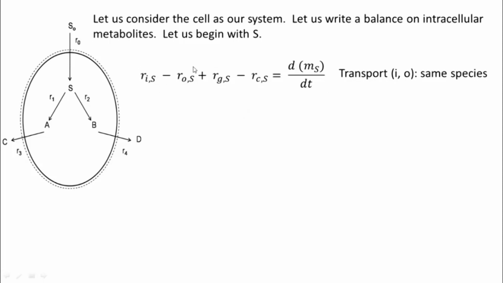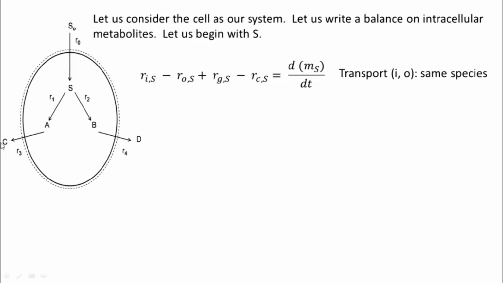Otherwise, we consider it as a reaction term, which could be accounted for in generation or consumption. But we need to make sure that we count it only once. We cannot count it as input as well as generation, even if you want to follow a different strategy for doing this. If you follow this strategy, that if S0 becomes S, then we consider it as transport. If S0 becomes something else inside, then it becomes a reaction.